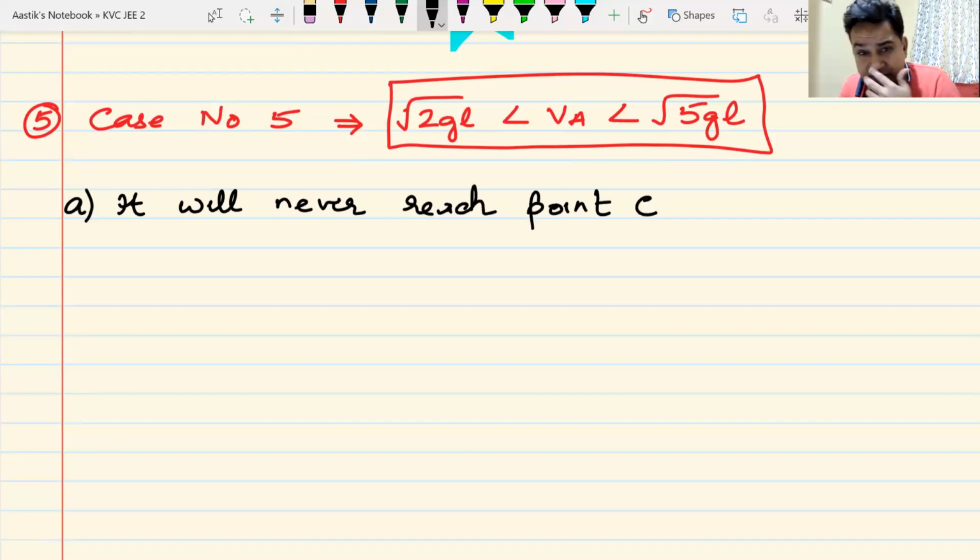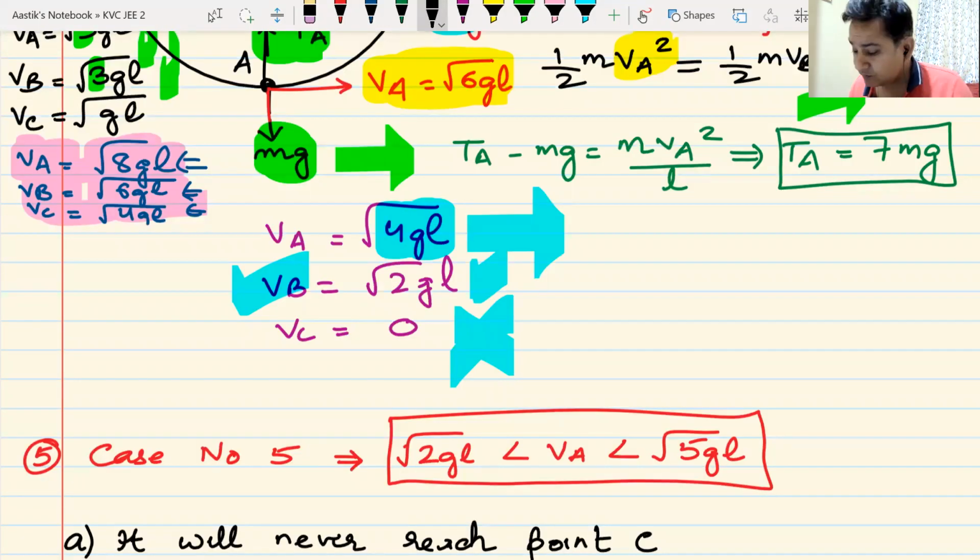But I don't understand what is the problem here. Because when the velocity is root over 4GL, we have already seen by the pattern that we created that when the velocity at point A is root over 4GL, velocity at point C is coming 0.